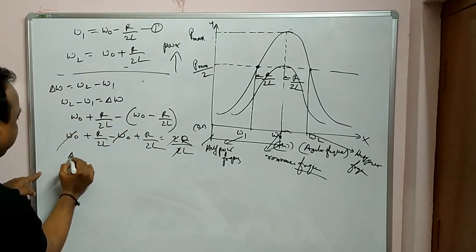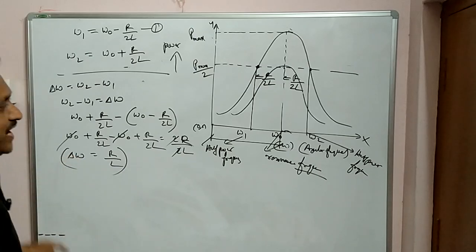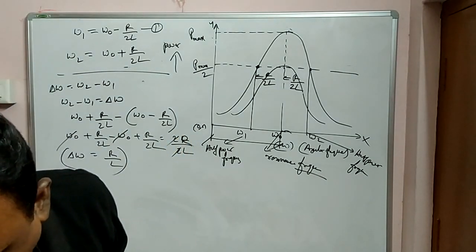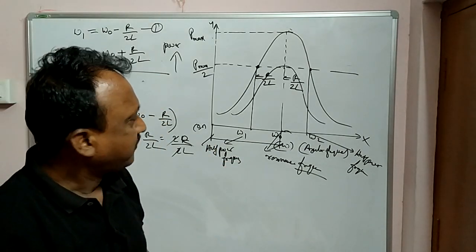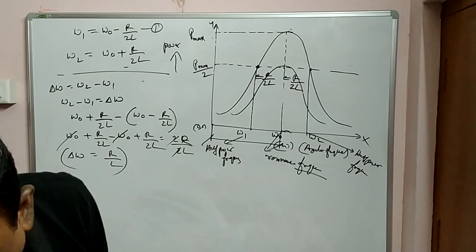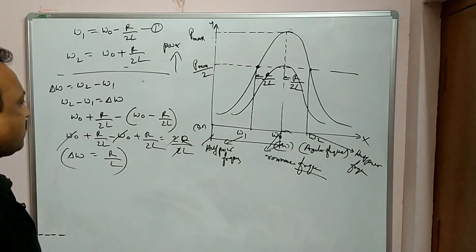So bandwidth delta omega is equal to R by L. This is how you can find the values from half power and maximum power frequency values on the x-axis. Clear? Right.